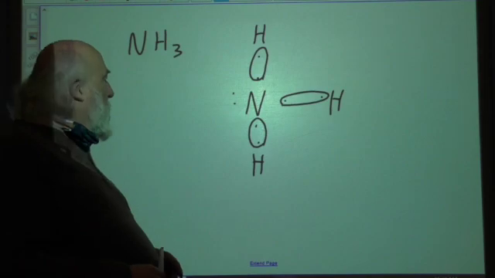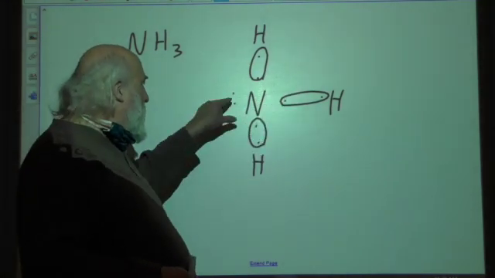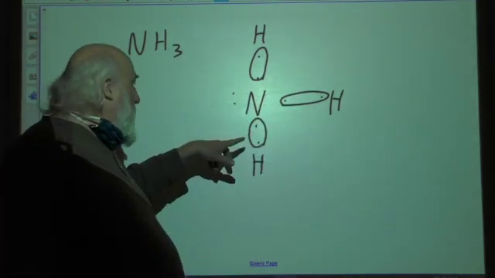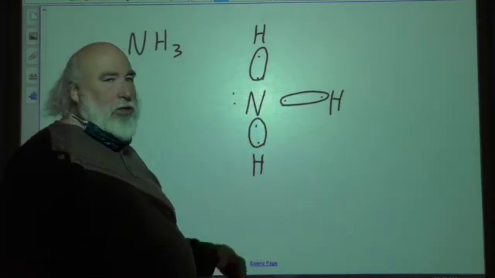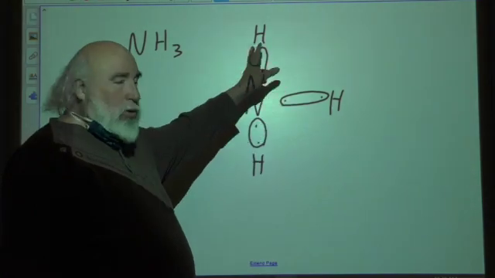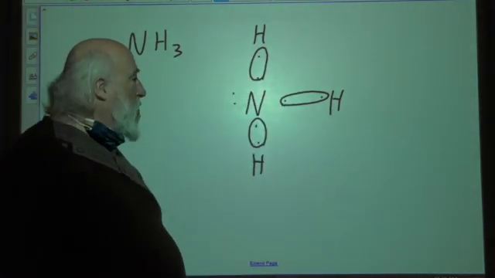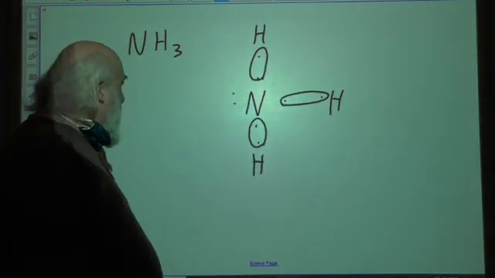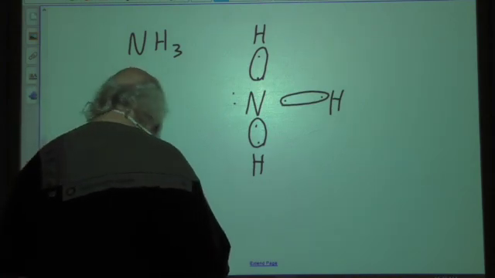And it turns out here when you do that, you have 2, 4, 6, 8 electrons for the nitrogen, and 2 electrons for every single hydrogen. So the octet is satisfied for the nitrogen, and the duet corollary is satisfied for the hydrogens. So now we're going to write a linear version of this.